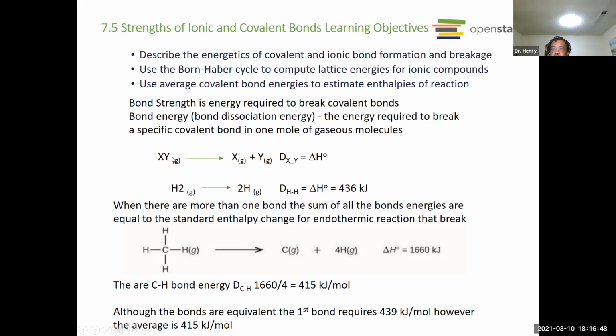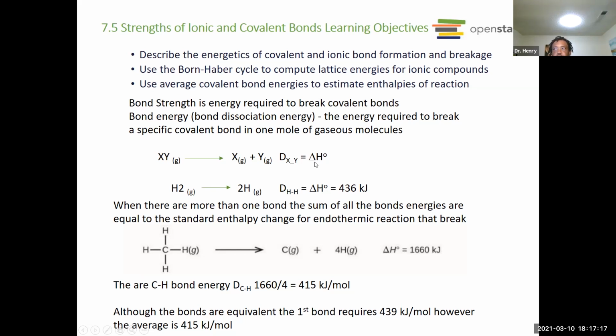If we have two atoms, X and Y, forming a covalent bond with each other, the process of breaking those bonds requires energy. It costs a certain amount of energy to dissociate your X and your Y, and that's calculated as your bond dissociation energy.